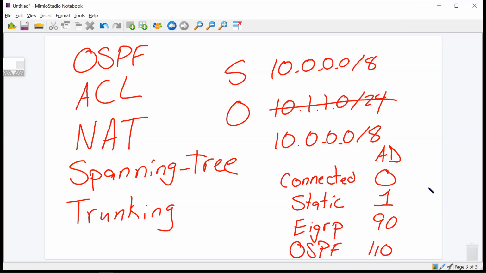Out of the bulk of the test, I saw these 5 things, and kind of in this order as well. I saw more OSPF than access lists, more access lists than NAT, more NAT than spanning tree, and so on. Everything else was kind of miscellaneous. I'll bet this was a good 60 or 70% of the test, somewhere close to that.